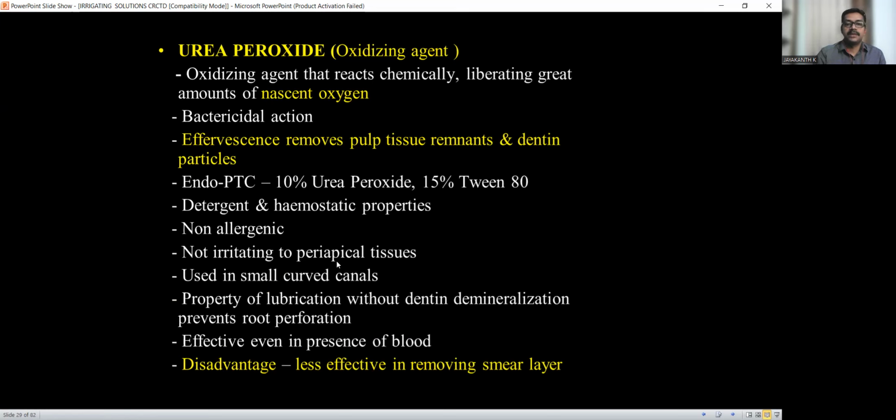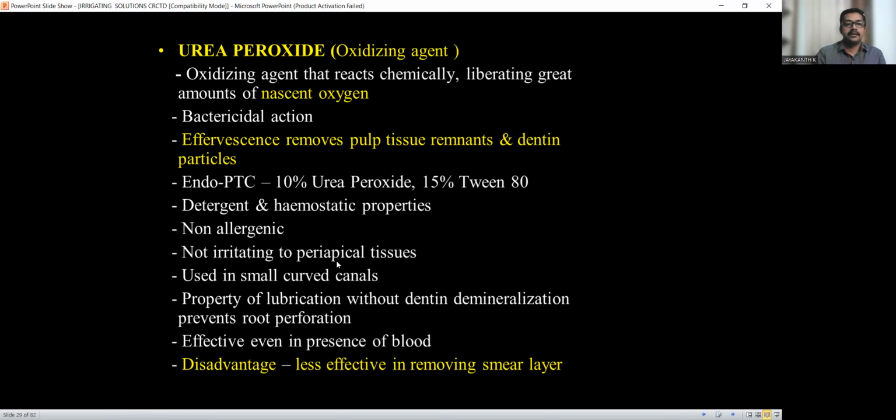There are certain combinations of this irrigant like Endo-PTC, which has 10% urea peroxide and Tween 80, which is a detergent, with a concentration of 15%. So many concentrations are available for this urea peroxide as an irrigant in the market. It has a combination of detergent and has hemostatic properties.